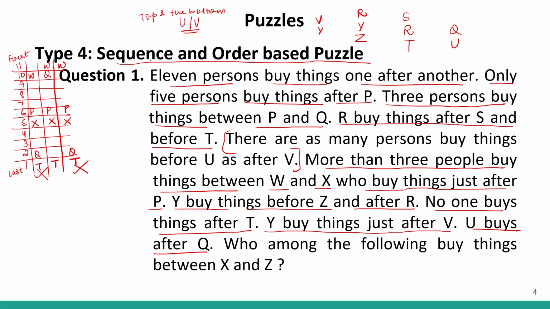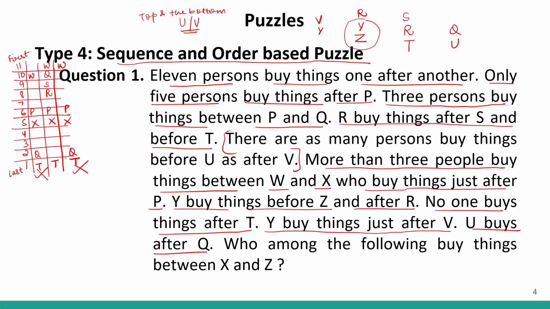Okay. Now let us try to put the information. See, before R, I have S, correct? Before R, I have my S and I have my T after R. That means I have to leave at least one place before R where I can keep S. And then after R, I have Y, Z and T. So T is already placed.